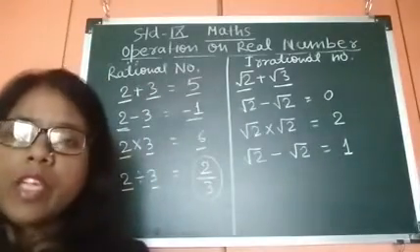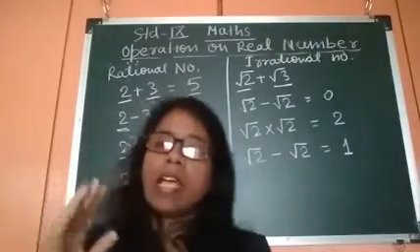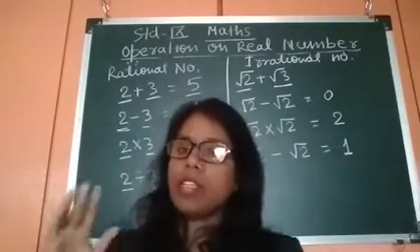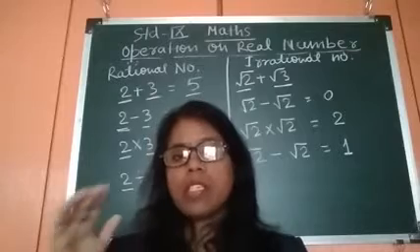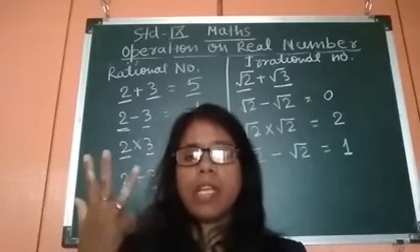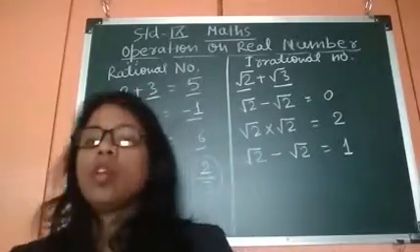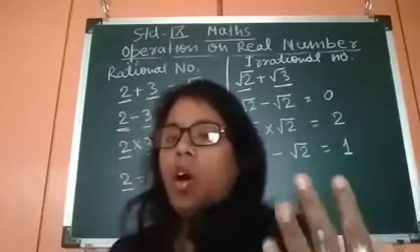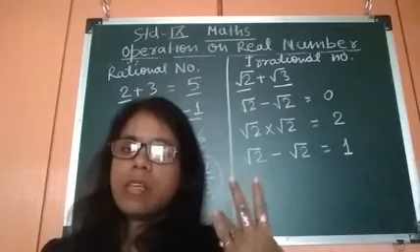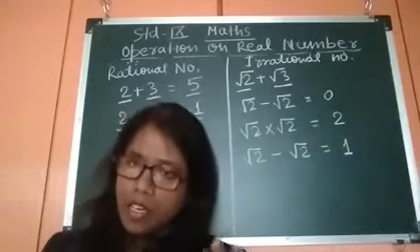This means you understood that rational numbers are closed with respect to all 4 operations, but irrational numbers are not closed with all 4 operations: addition, subtraction, multiplication and division.